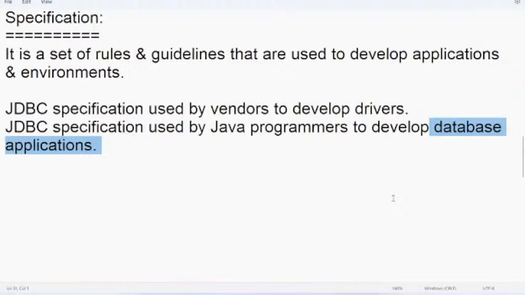But for developing a database application, rules and guidelines are present in JDBC. So Java is a programming language. JDBC is nothing but rules and guidelines. Programming language is required, rules and guidelines are required, then you can develop the application. That is a JDBC application.